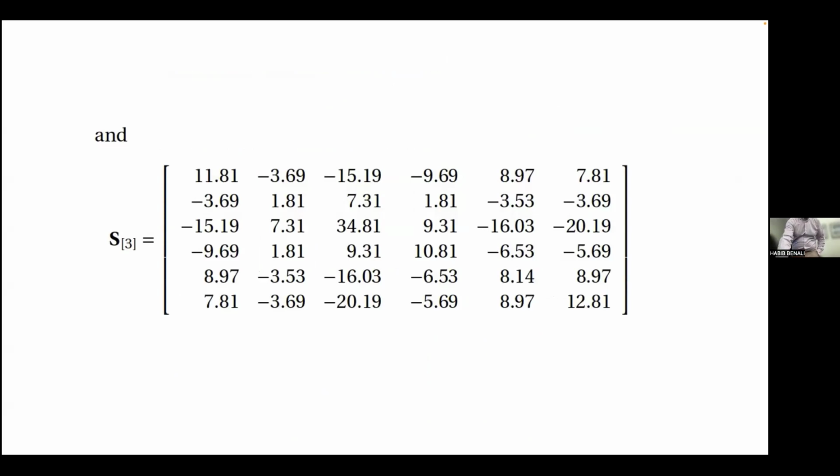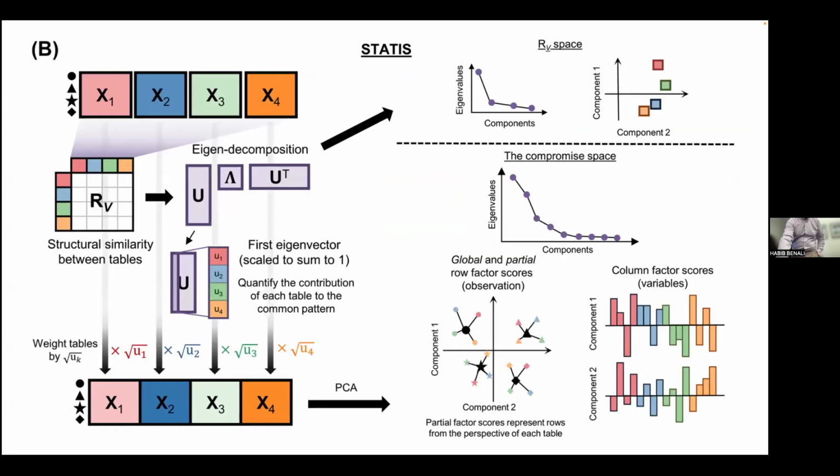What do we do with all of this? We make the compromise between the different covariance matrices. Let me explain this a little bit. First, I took all the data set and I looked at the compromise.